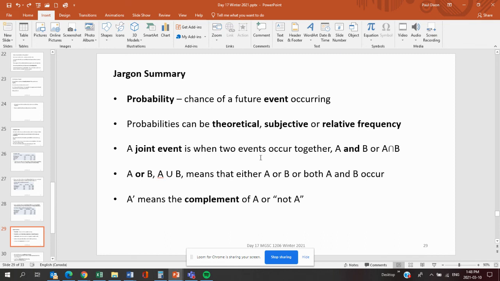A joint event is when two things happen together. So we've got this "and" statement here. We can have cases where we're looking at one or the other, the union of two events. We have a symbol that we use for complement when we're looking at the opposite. So A happens or A does not happen.